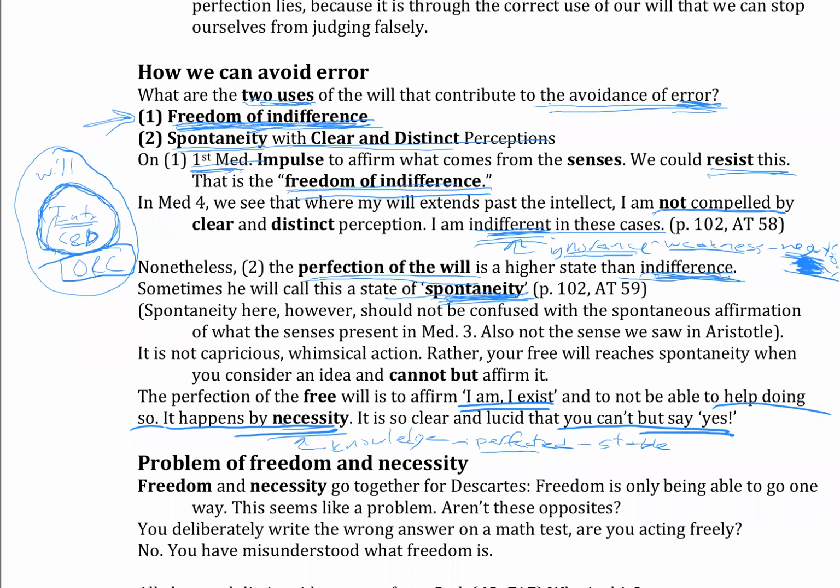Whereas error is unstable. Error will constantly be challenged, will constantly come into friction with your other positions, your other beliefs, because it's wrong. And so it's unstable. It hasn't taken up a position, but knowledge is perfected. Knowledge has taken up a position. It's stable.